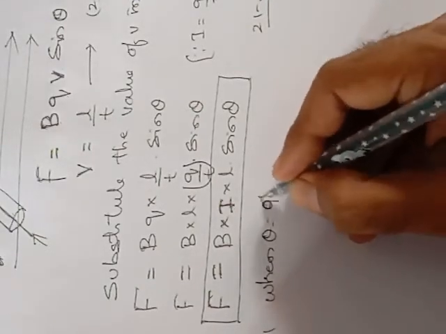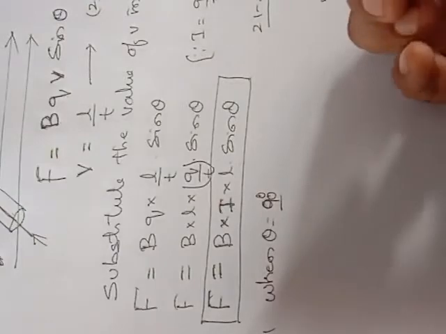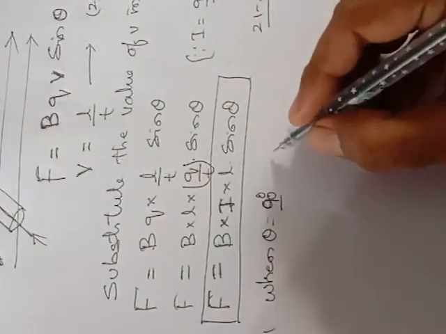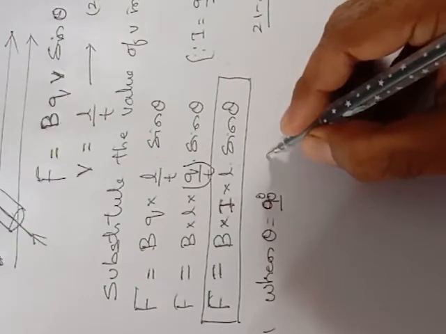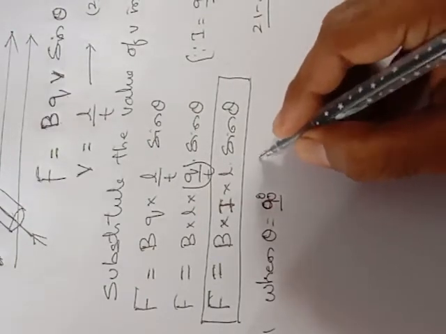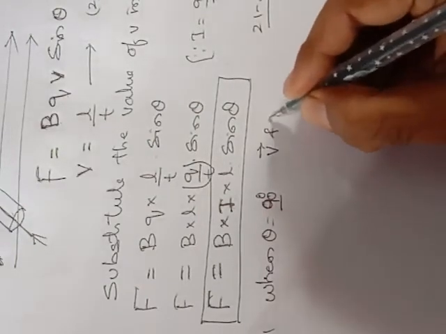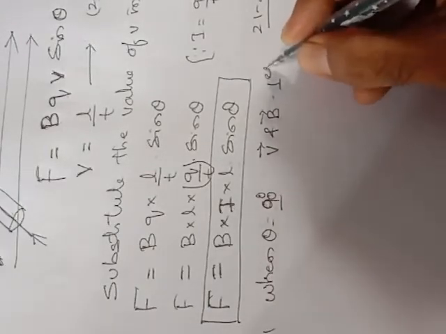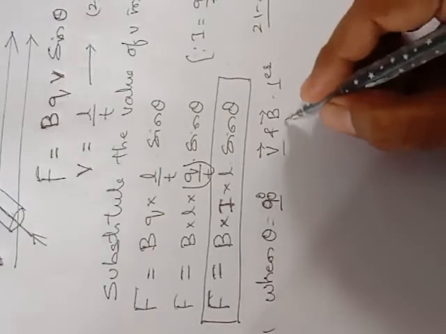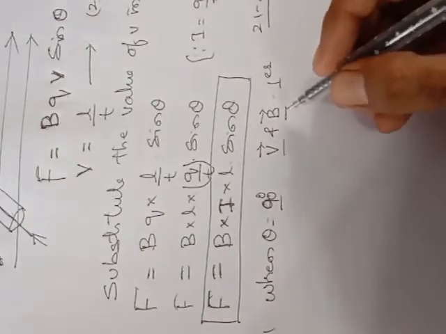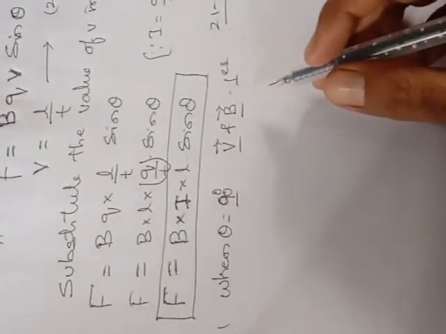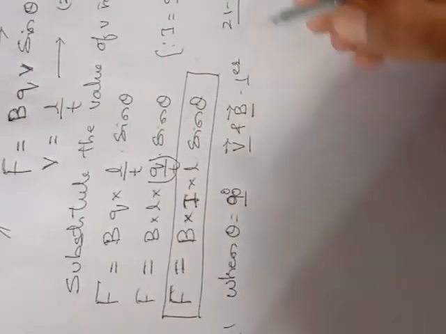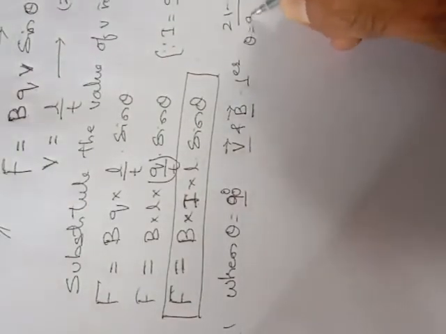90 degree. That is, if theta is 90 degree, it means what? If the angle between the velocity vector and magnetic field B is perpendicular, if velocity and magnetic field are perpendicular to each other, then theta is equal to 90 degree.